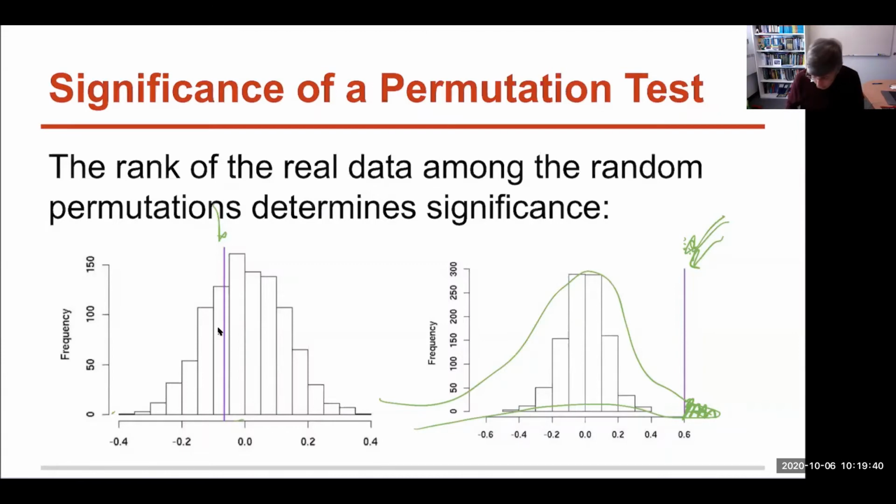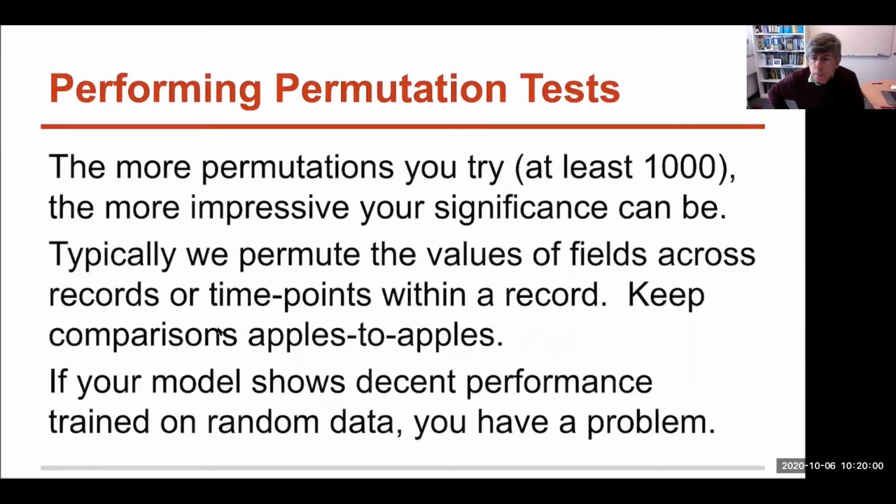You create a statistic, then you do a random sampling of these things, and you see where the real number ranks among the random samples. The degree of extremity there is what gives you your p-value. Any questions? Typically to do this, we want to try a large number of random permutations, perhaps 1,000, perhaps 1,000,000.